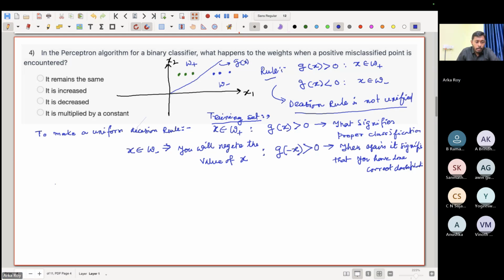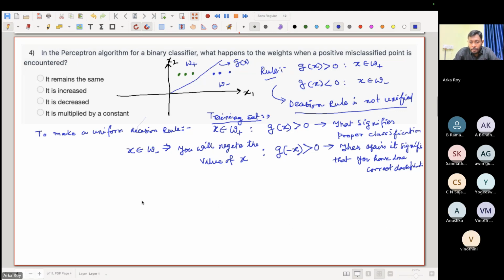So let's say your g of x is basically A transpose x. For positive class, it will give you greater than 0.